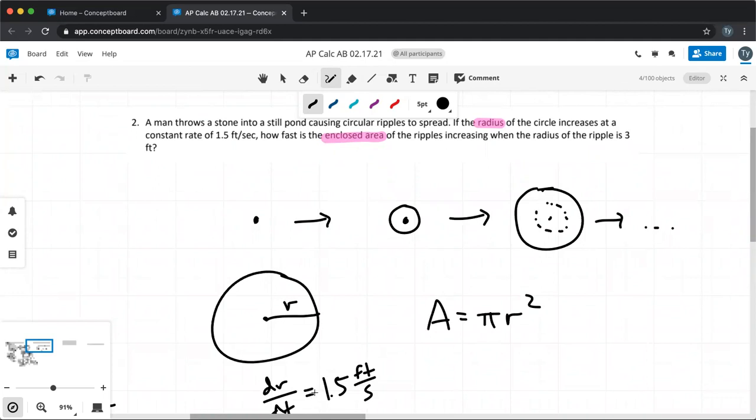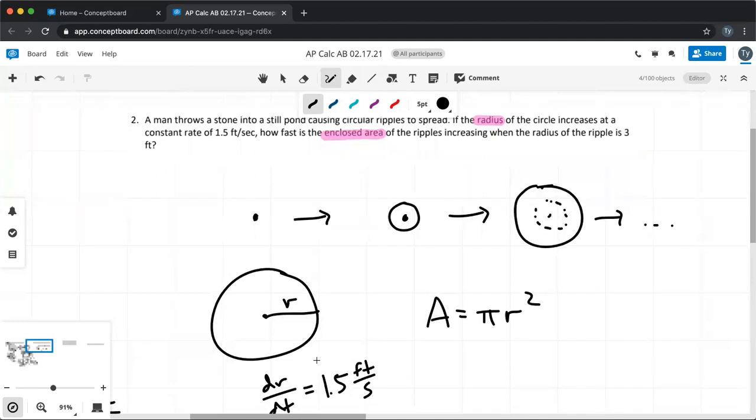And we want to find how fast the enclosed area of the ripples is increasing, so the rate of change of the area when the radius is 3 feet.